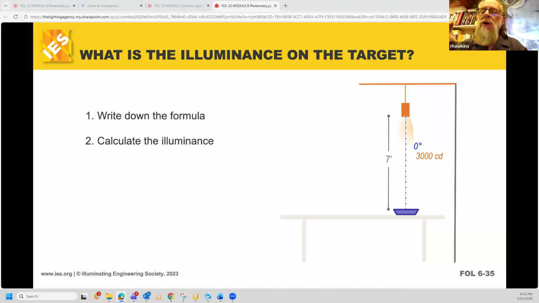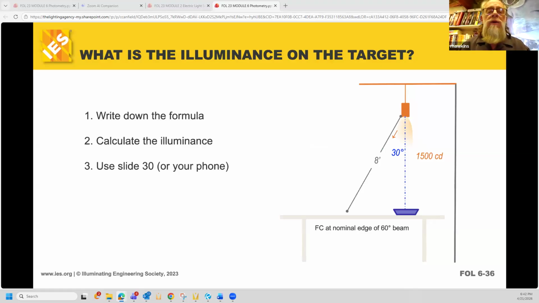All right, that's the easy part of that E equals I cosine theta over D squared because cosine becomes 1 when you're straight on to something. And what they try to demonstrate in these things now is how the cosine angle and the distance change your answers for a particular fixture, right? I am not going to make you go through the math.